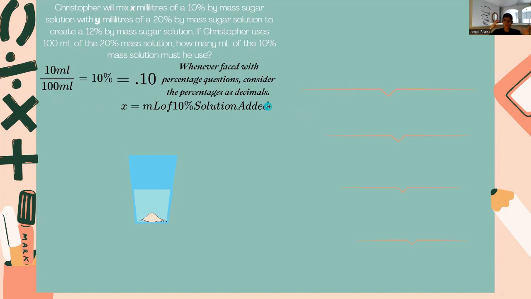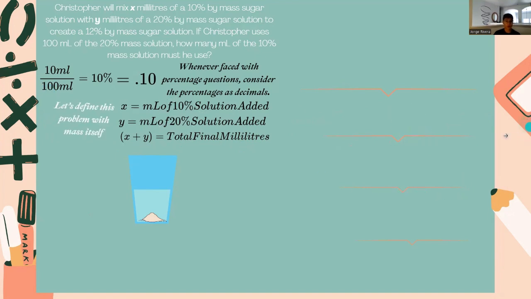So we have to mix and match the amounts of the different solutions. Y is going to represent the milliliters of 20% solution added. And X plus Y is going to be the total final amount of milliliters. We need to know this value because this number on the bottom here is the total final milliliters.